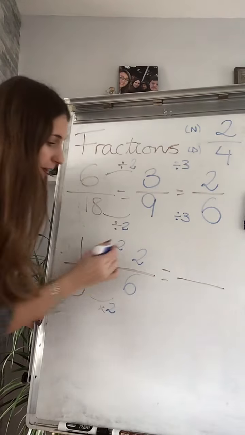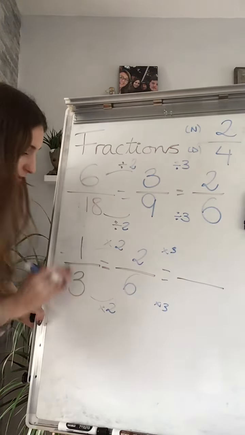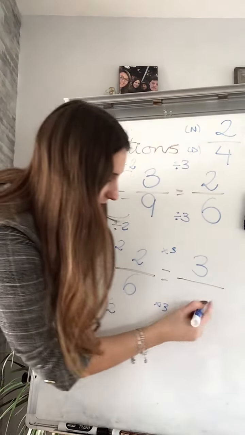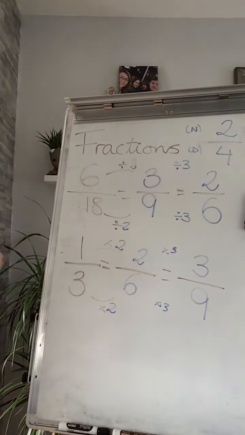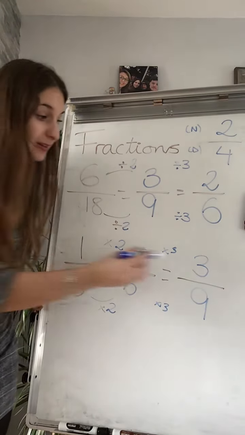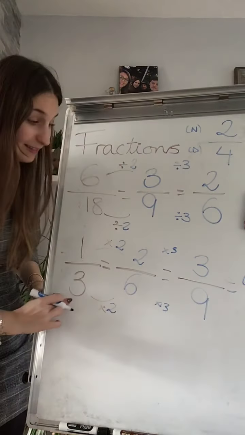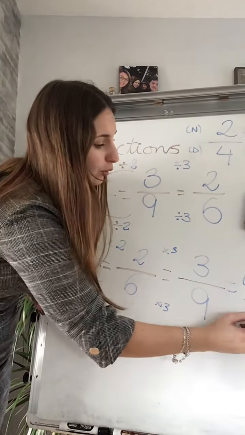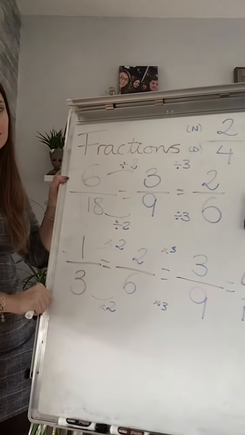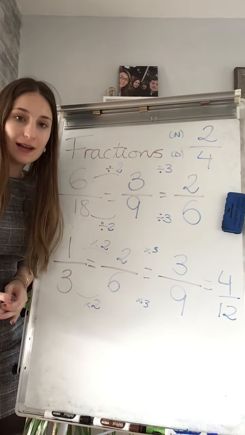Now I'm going to times by 3 and find another equivalent fraction. 1 times 3 is 3. 3 times 3 is 9. Do you think that you can think now straight away what is 4? That will be 4 what? Absolutely right, 4/12. So that means that all of these fractions have the same amount, the same value.